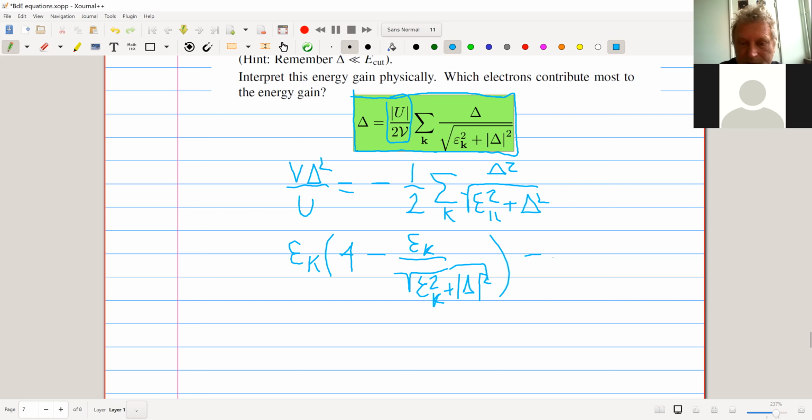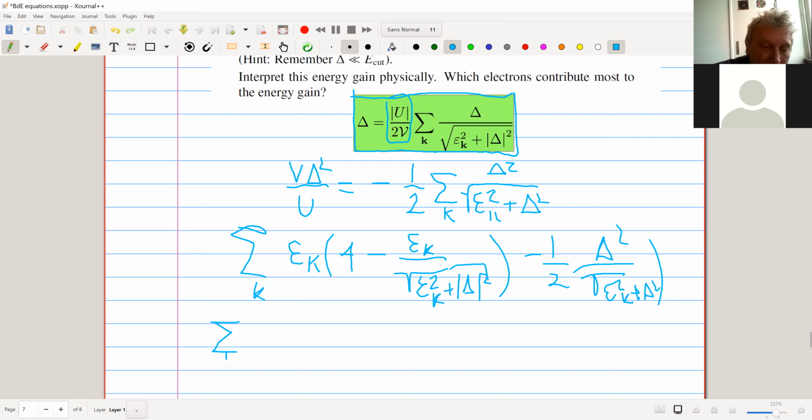I have to bring this term and replace summation over k by integration, with volume in front of it, integration over energy with some density of states. There was a hint that this can be taken as constant.